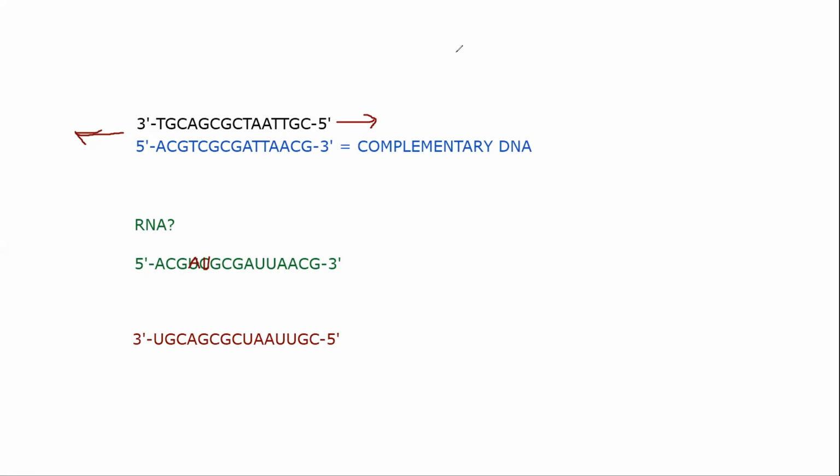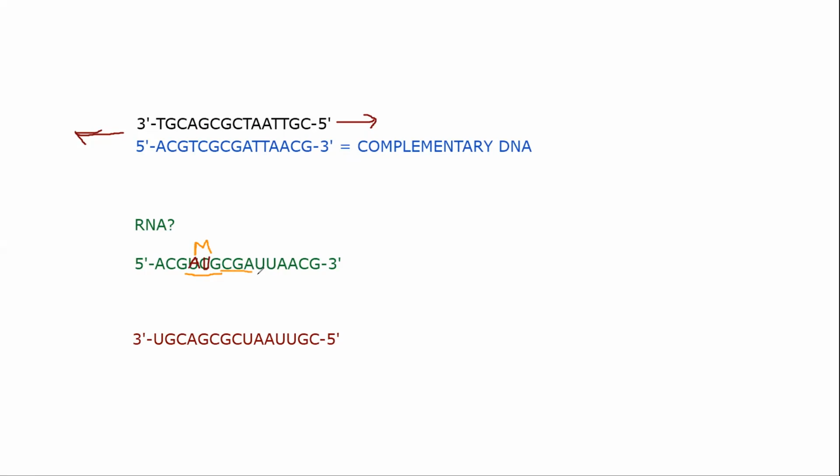So now to turn this into an amino acid, we want to find AUG. That's where we start translation. AUG, and that is an M.